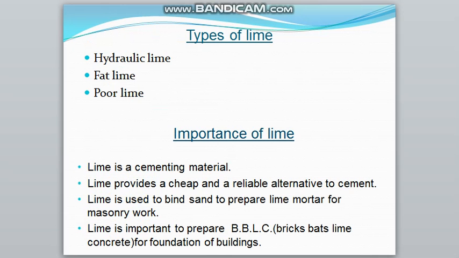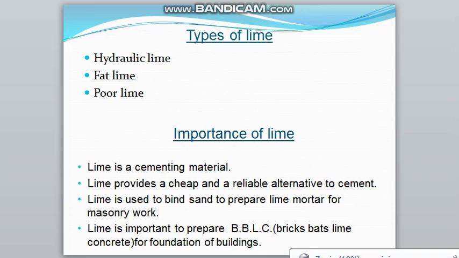There are three types of lime: hydraulic lime, fat lime, and poor lime. Hydraulic lime is one of the important limes that we use in combination for mortar. You see the importance of lime.